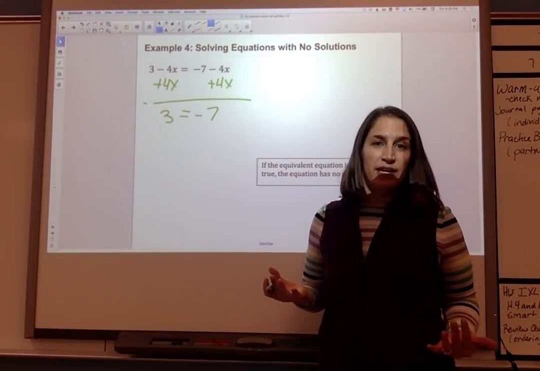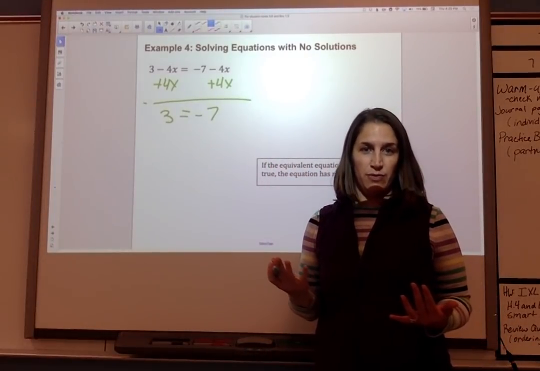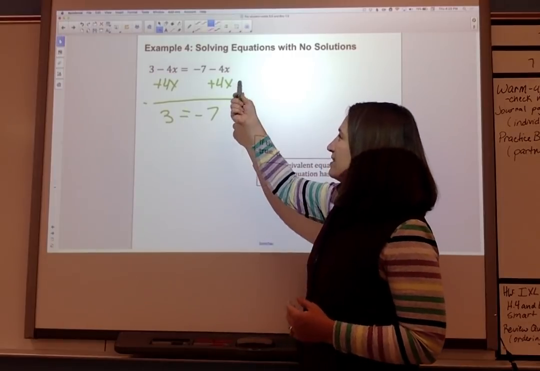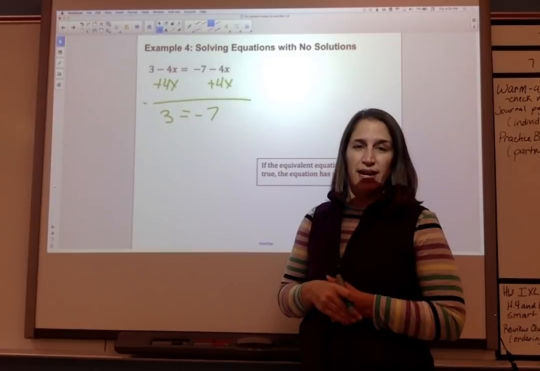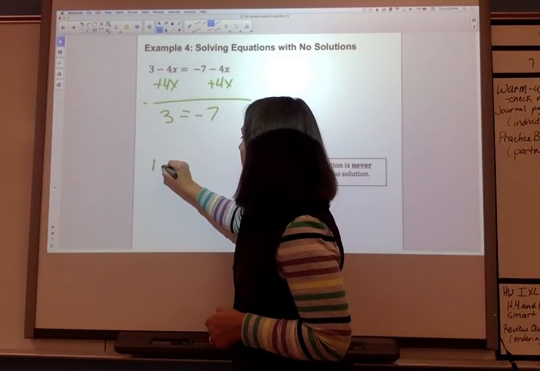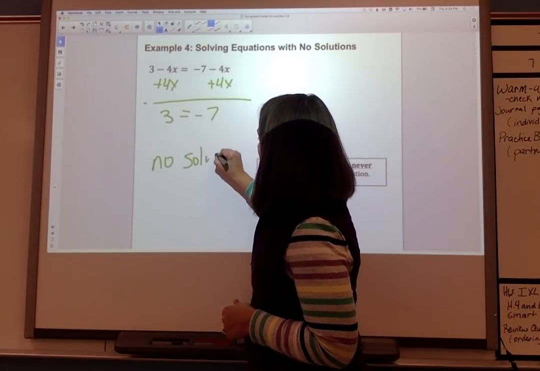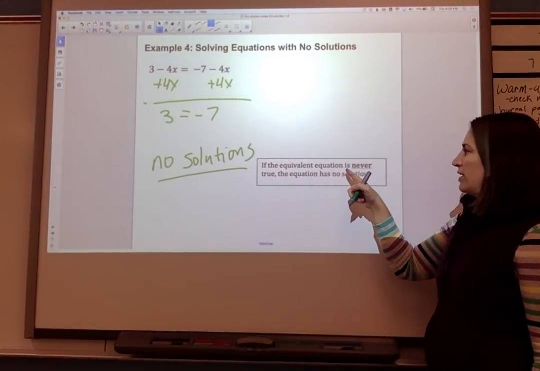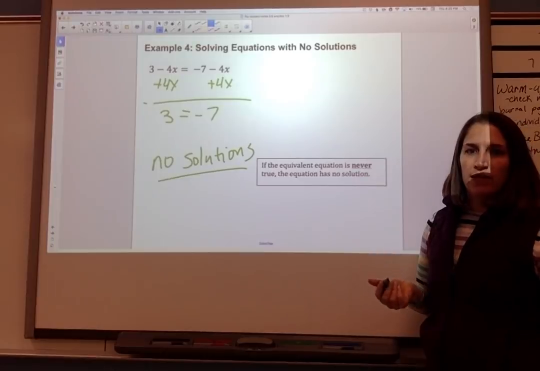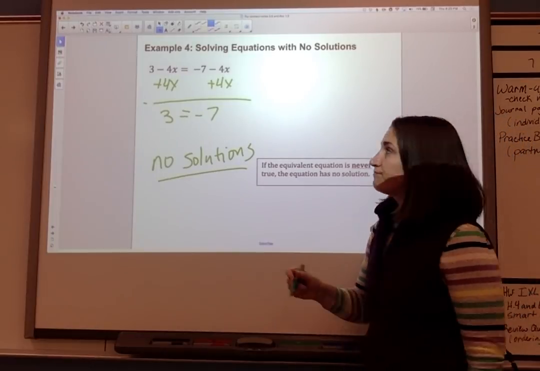Well, 3 does not equal negative 7, and there's nothing we can do to make 3 equal to negative 7. So it doesn't matter what x is. This is not an equation that has any solutions. So you're just going to write no solutions. If the equivalent equation is never true, the equation has no solutions.